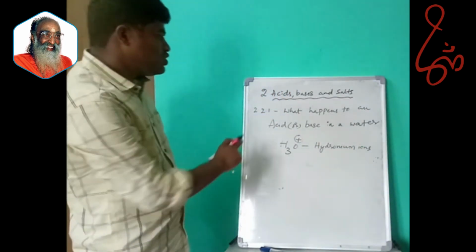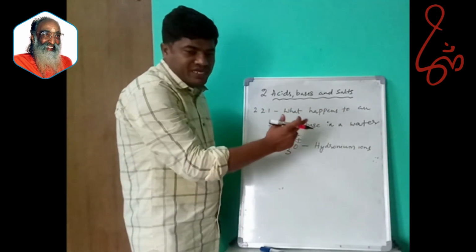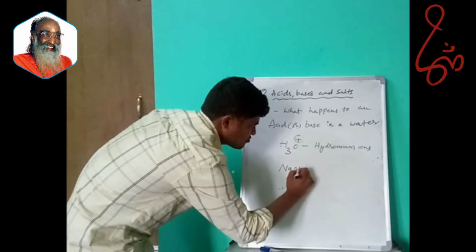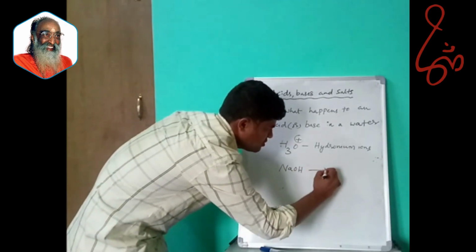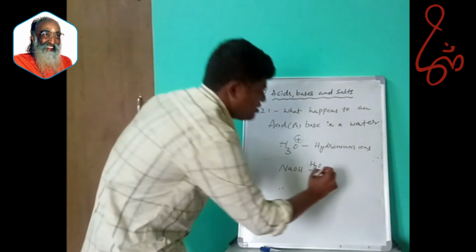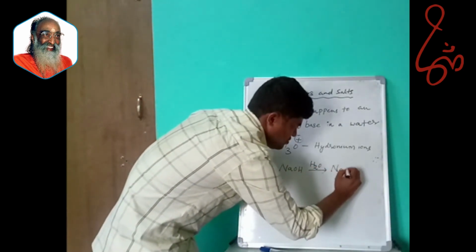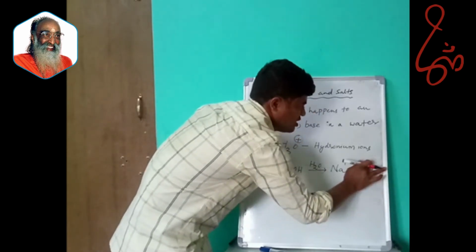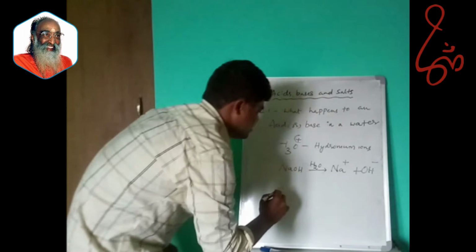Similarly, what happens to a base when dissolved in water? For example, take sodium hydroxide and dissolve it in water. You are getting Na+ and OH- ions, hydroxide ions.